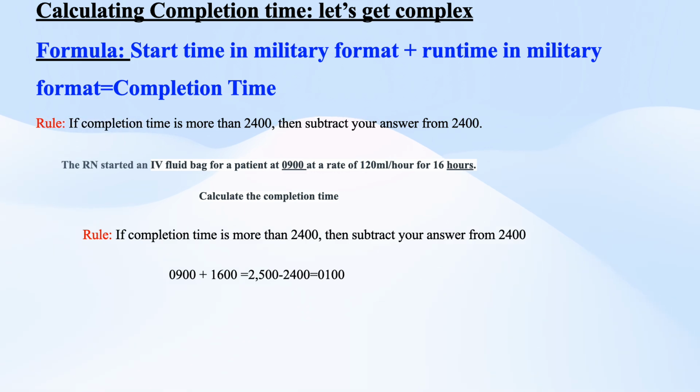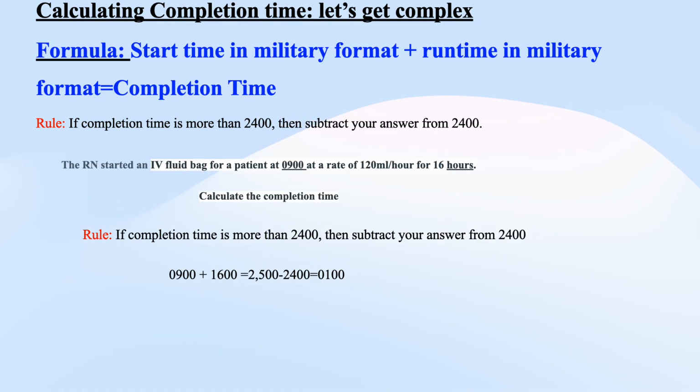So you have to change it to the military format. And it will give you 2500. Now, do we have 2500? No. The time only goes up to 2400. And this is why we must deduct what we have from the unrealistic 2500. And we end up with 0100.